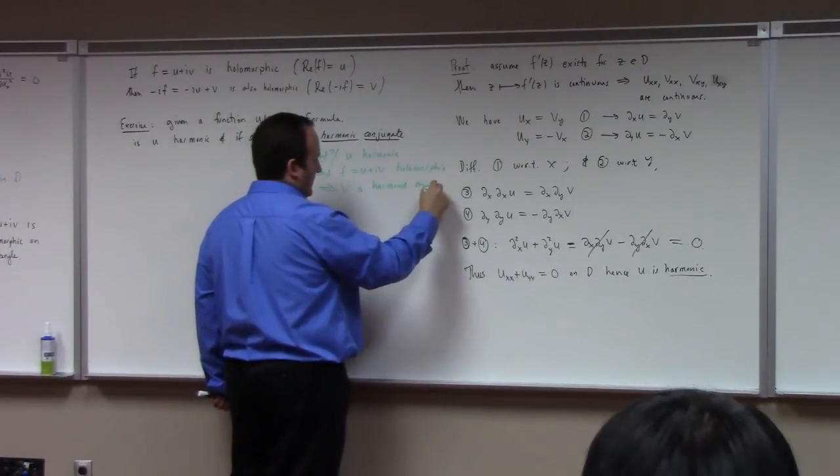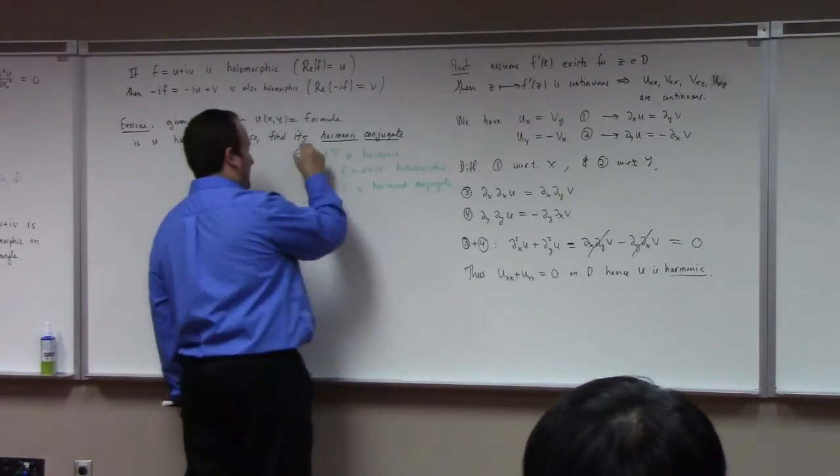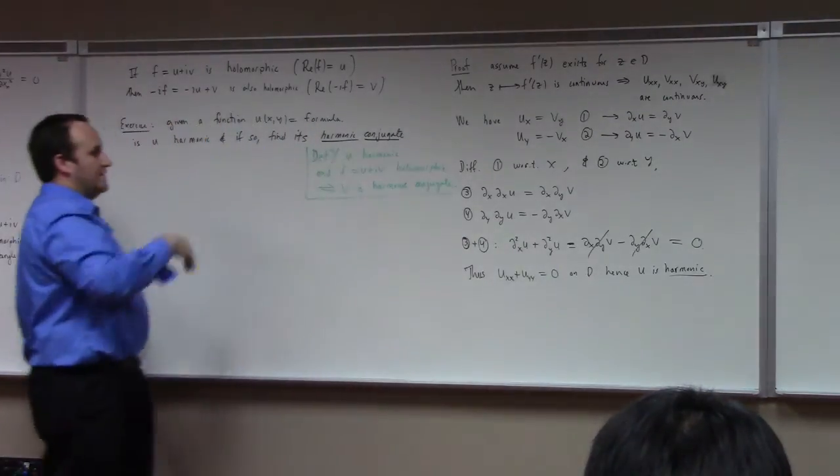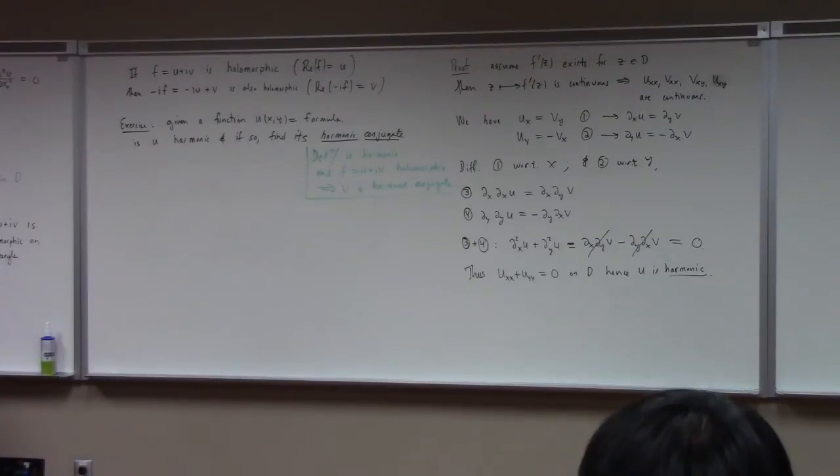In other words, it's the other half. It's the other piece of what you need to get the complex differentiable function. So a given harmonic function is half of a holomorphic function, let's say. This is all with respect to a particular domain.